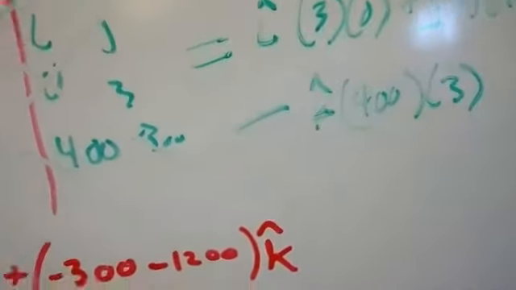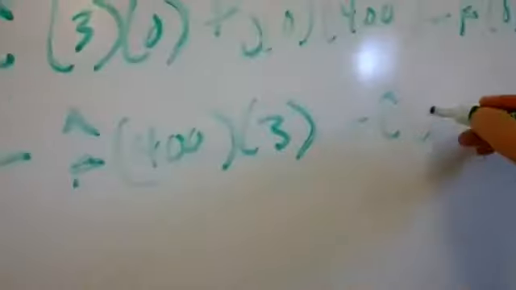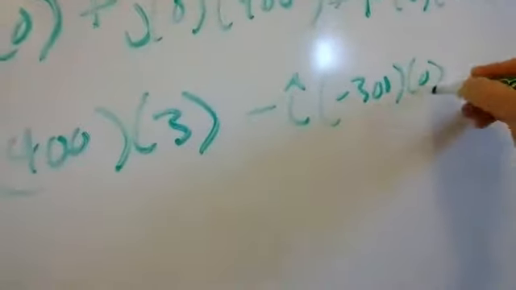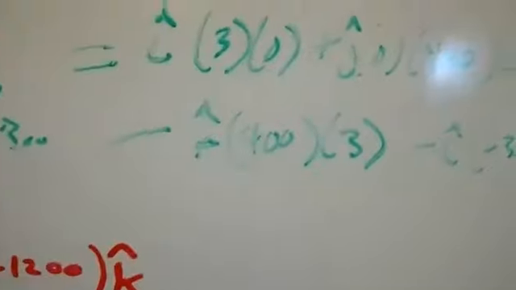Minus i times 300 times 0, or is it minus 300? I times minus 300 times 0, and then minus j times 0.3 times 0 times 0. I just made a weird mistake on that.